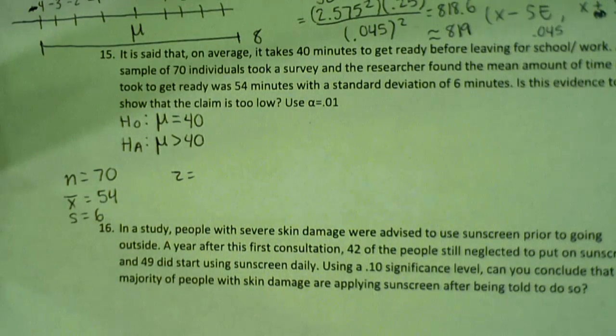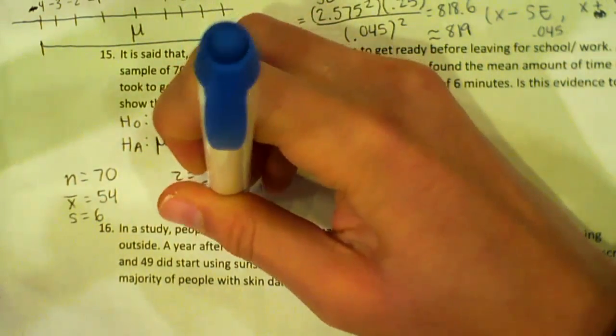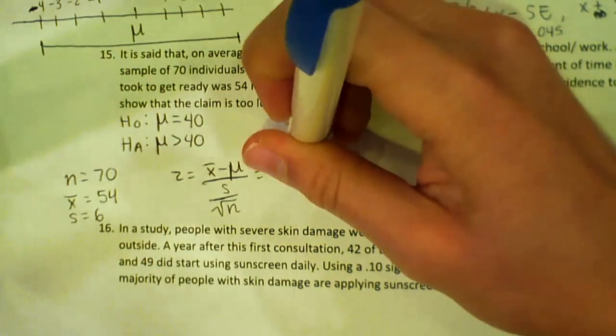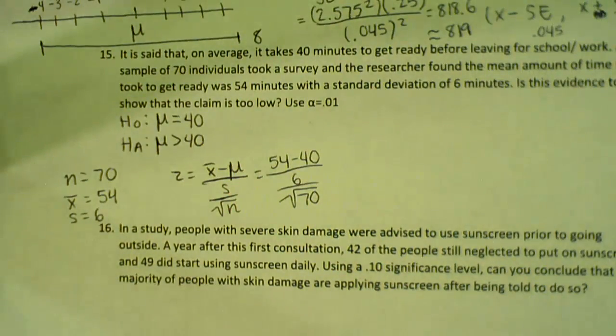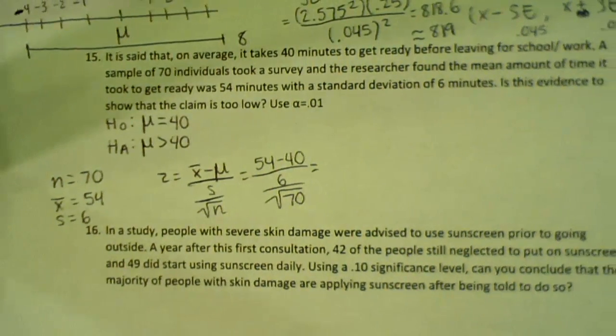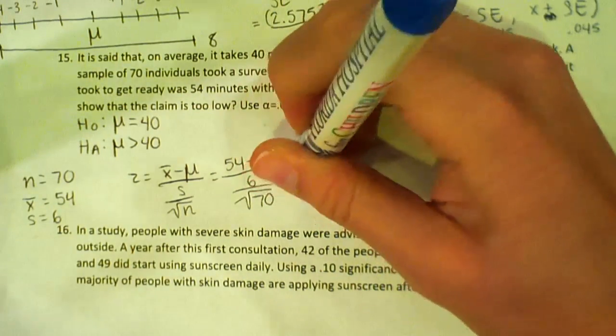And that's the 54. Did everybody get 19.5?